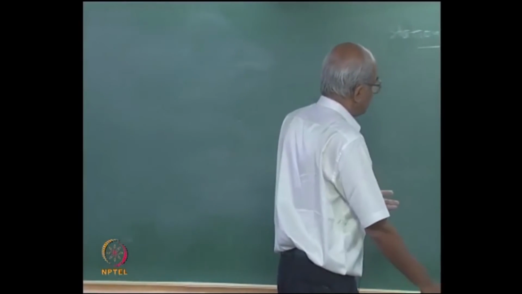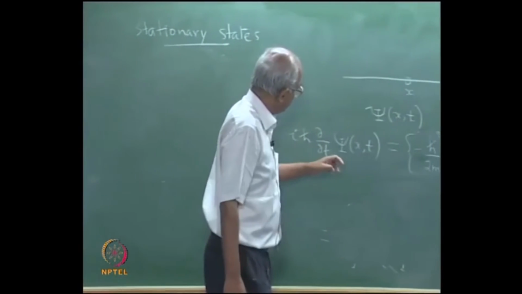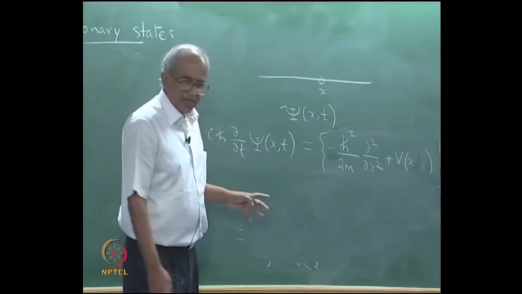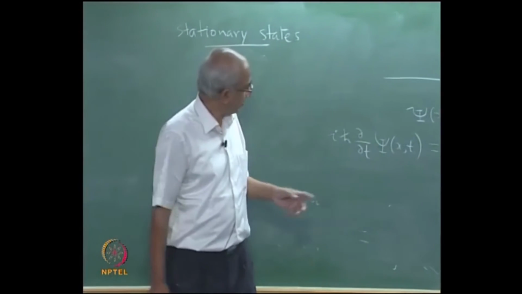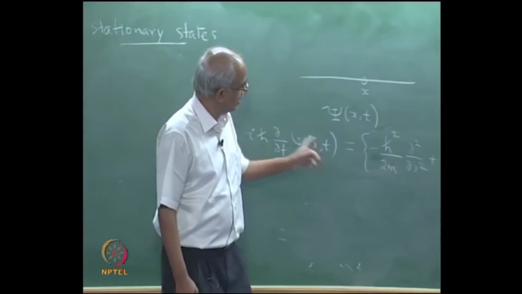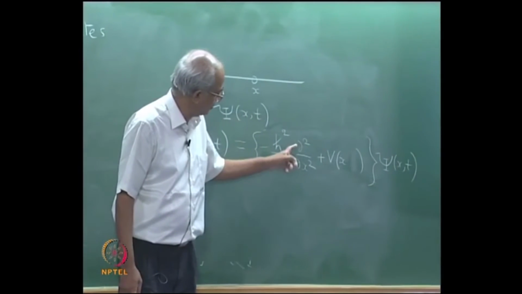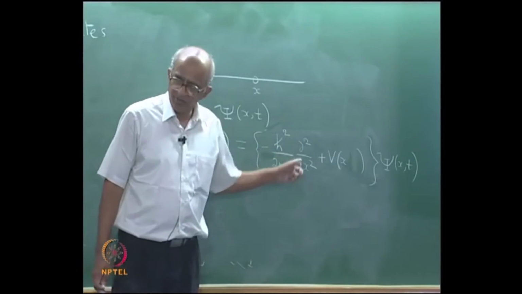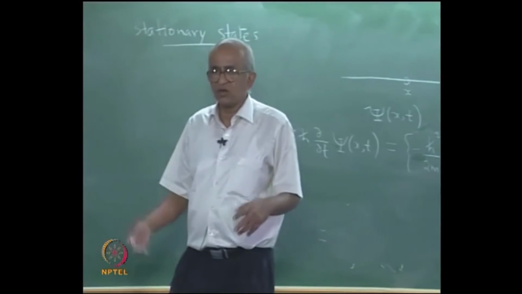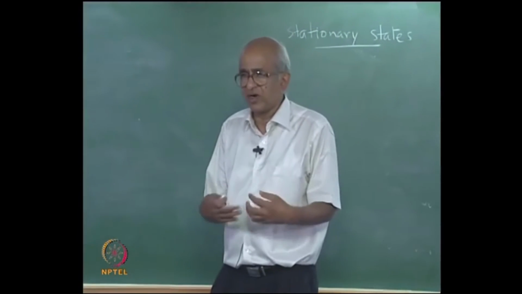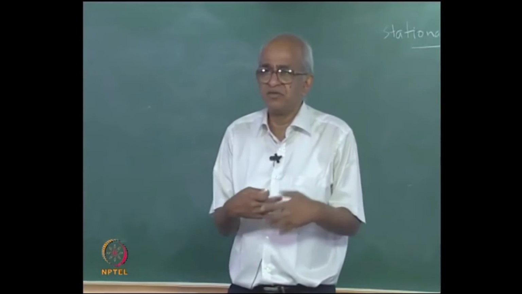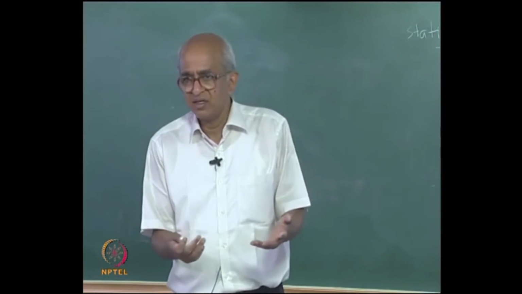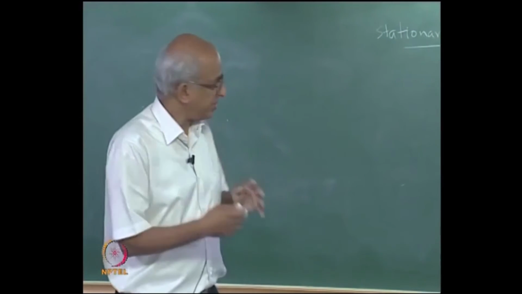Well, if you look at this equation, you will realize that it is a partial differential equation. There is a partial differentiation with respect to time, here partial differentiation with respect to position. So, you want to solve this equation, and even ordinary differential equations can be difficult to solve. So, in such a situation, how do you find solutions?